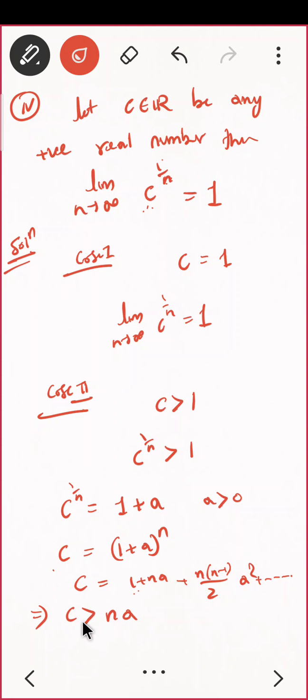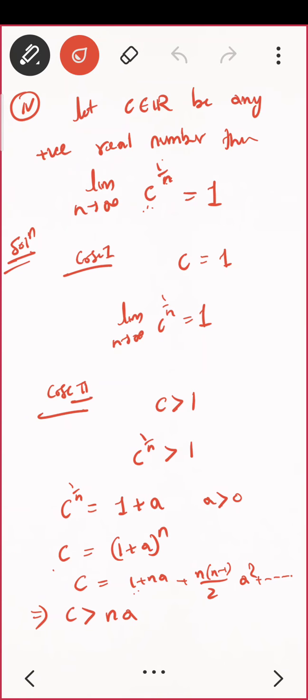So if C is greater than na, what about a? What can you say about a? a will be less than C by n. Do you agree? That implies a is less than C by n. Do you agree? Just check. Yes?